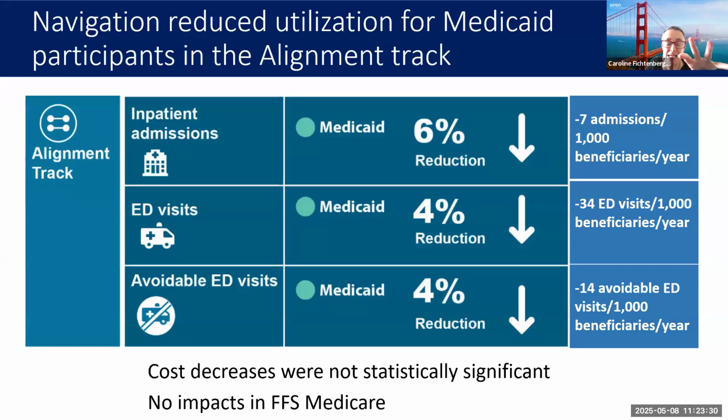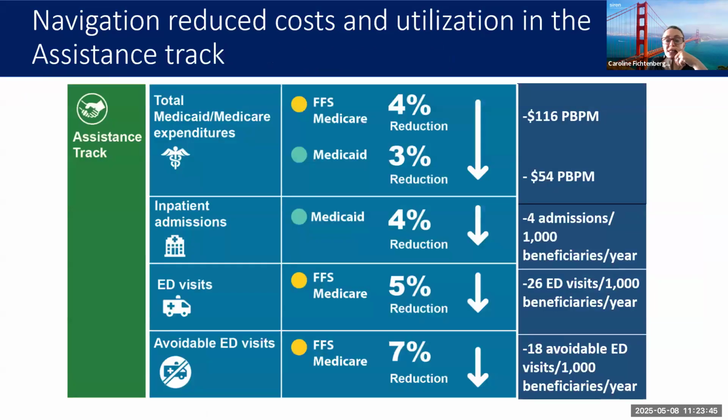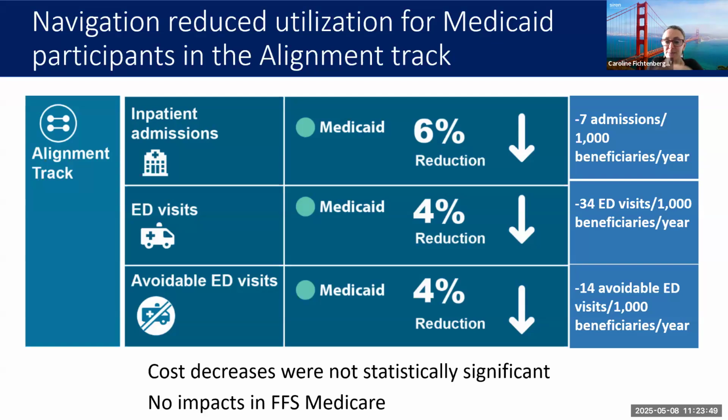So impacts were seen only in Medicaid and only in utilization, not in costs for the alignment track. And the other thing is that the alignment and assistance tracks did not find statistically significant differences in the impacts. So the alignment track didn't have statistically significant larger impacts, is what I mean.